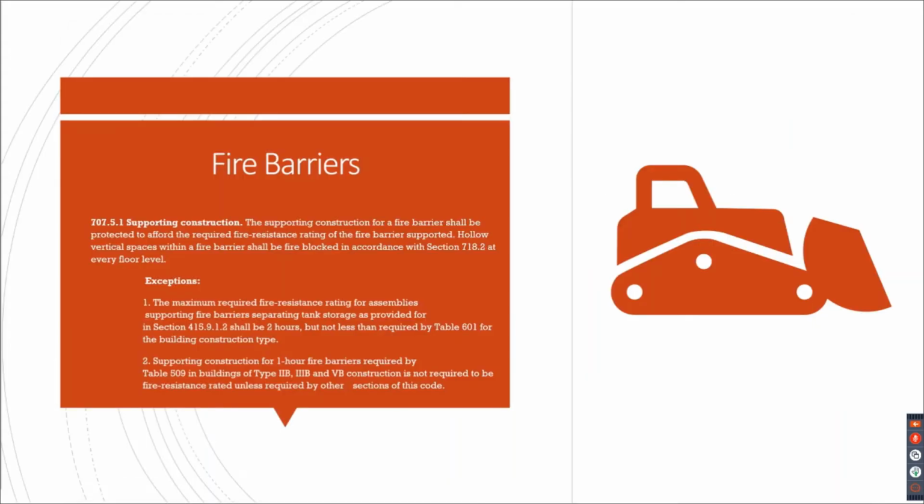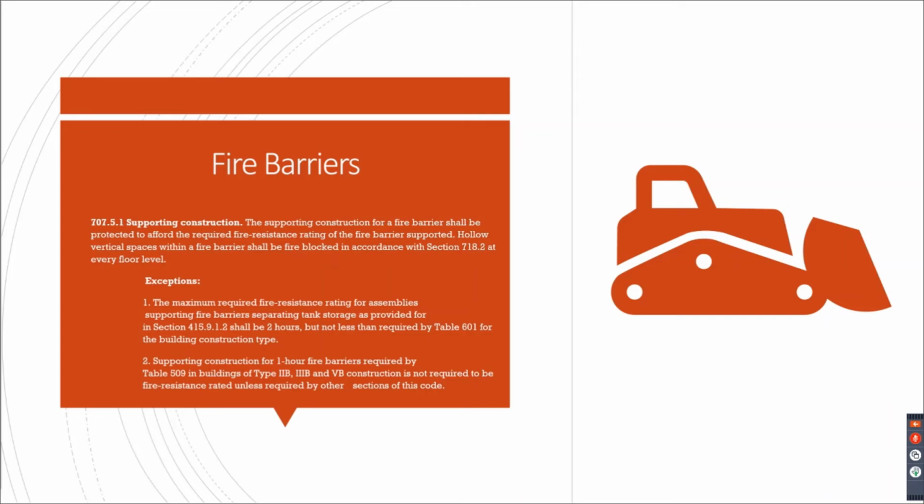Supporting construction, this is something that seems to be forgotten often, and this isn't just for fire barriers, this is for all rated assemblies. When you have a rated assembly, whether it's the walls or the horizontal assemblies, whatever is holding that up, the supporting construction needs to be rated the same as what that assembly is required to be rated at. But have the conversation with your structural.